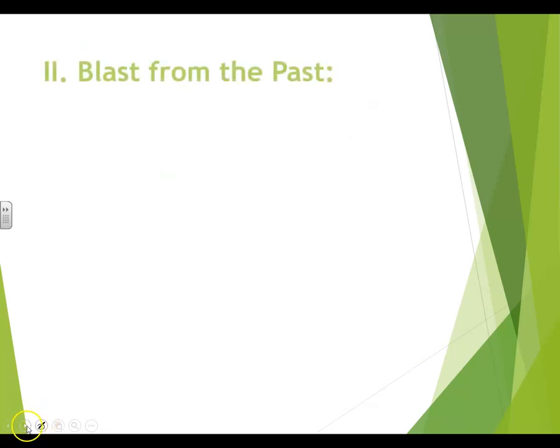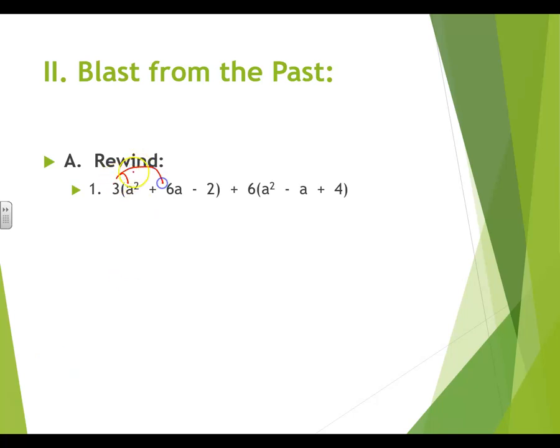All right, done. Real quick. Distribute 3 to everybody. So this is 3a squared. 3 times 6 would be positive 18a. And 3 times negative 2 would be negative 6. Then when you do the other side, you should distribute 6 to everybody and just write it down below it. So 6a squared, I'm putting like terms together, minus 6a.